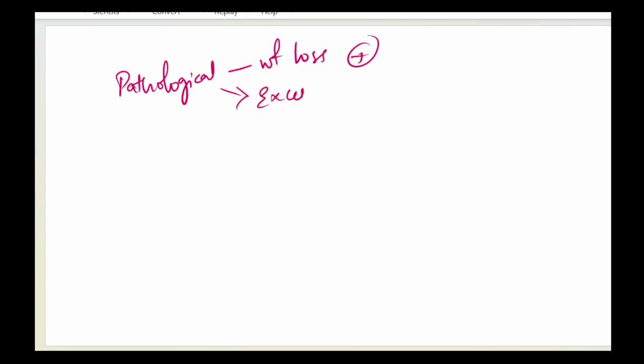So, in pathological, weight loss is present, excess vomiting will be there, respiratory problems also there. Respiratory problems, main problem why?